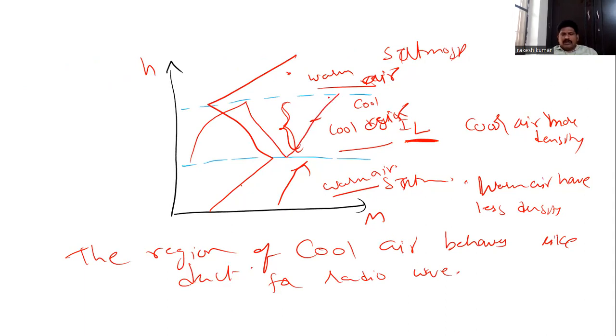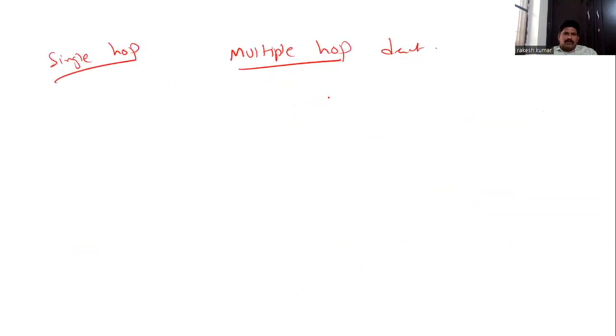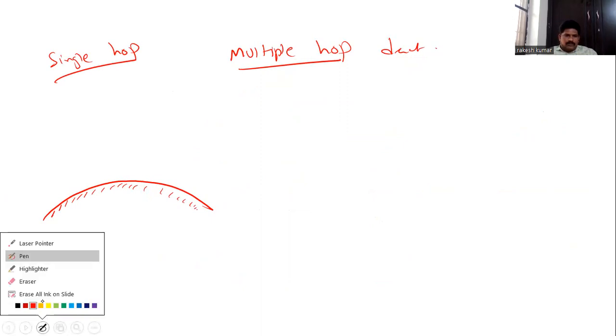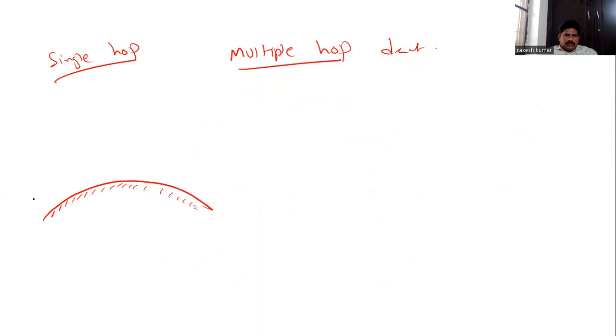So let us see what is meant by single hop. Let us draw this diagram. This is my earth surface. Let us consider this is the warm region and this is the warm region.